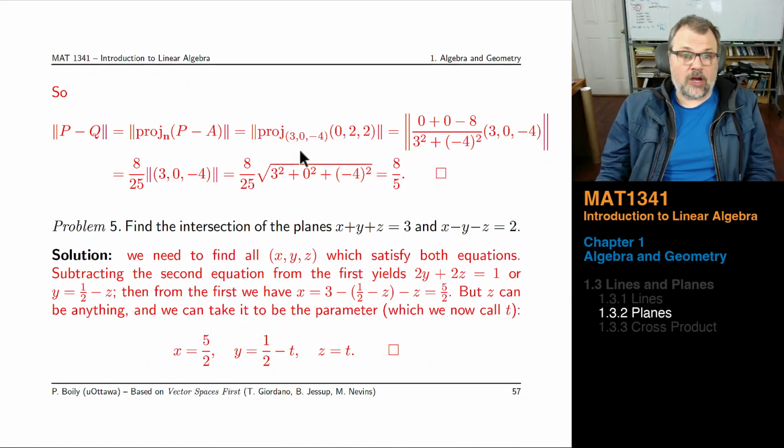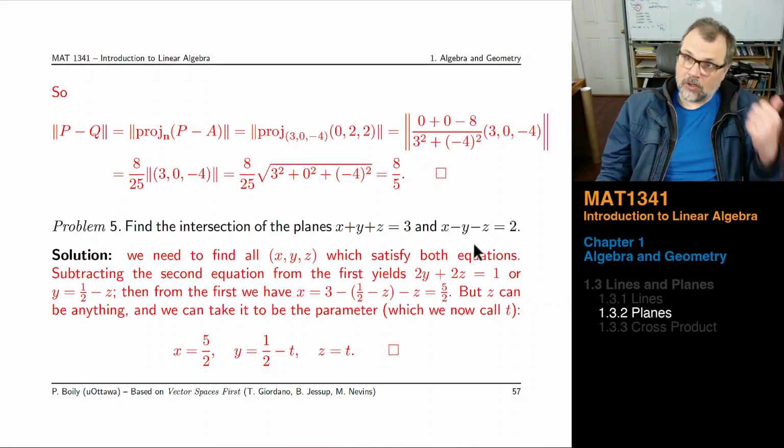So the dot product of 3, 0, minus 4 with 0, 2, 2 would be 3 times 0, which is 0, 0 times 2, which is 0, and minus 4 times 2 is minus 8. We add all of these things together, we get minus 8. The length of the vector 3, 0, minus 4 will be the square of 3 plus the square of 0 plus the square of minus 4.